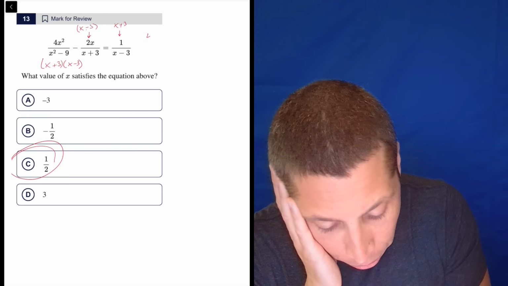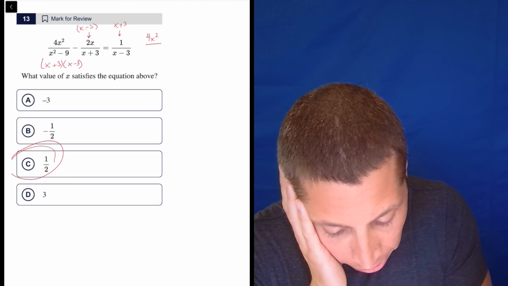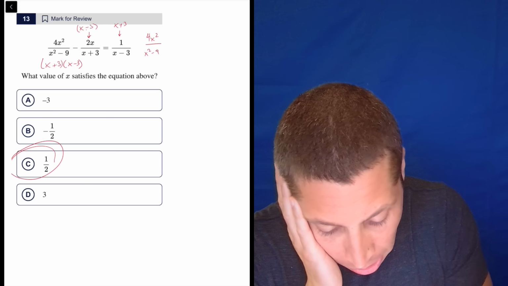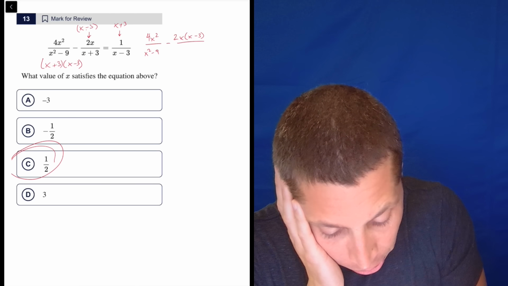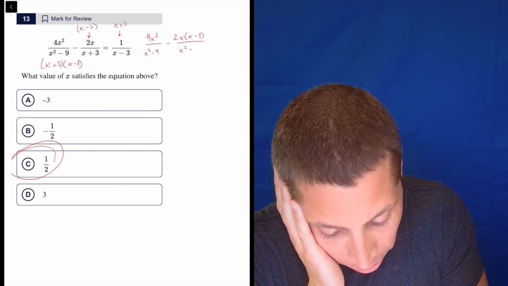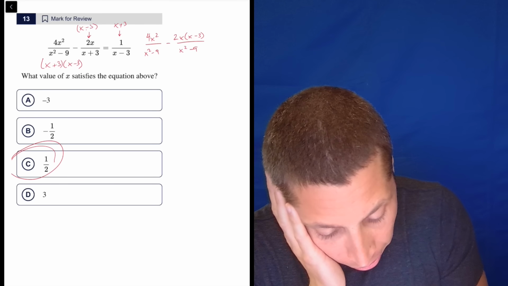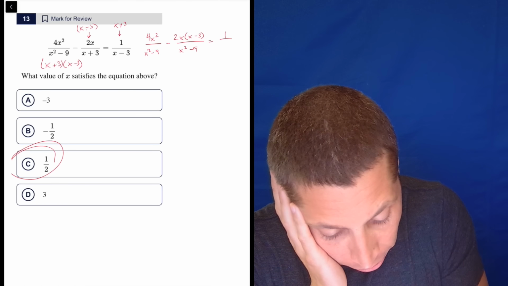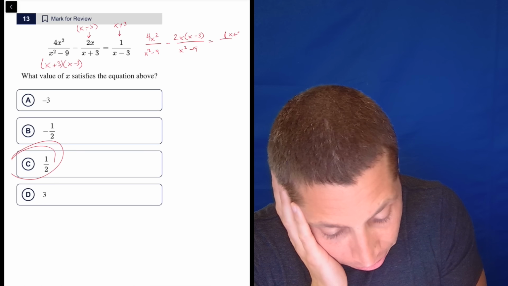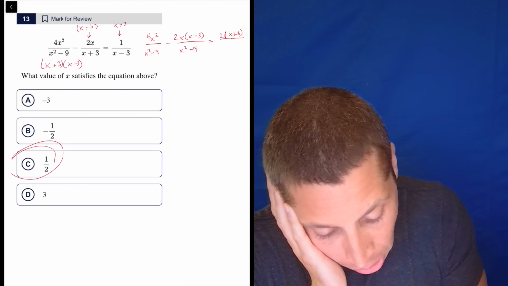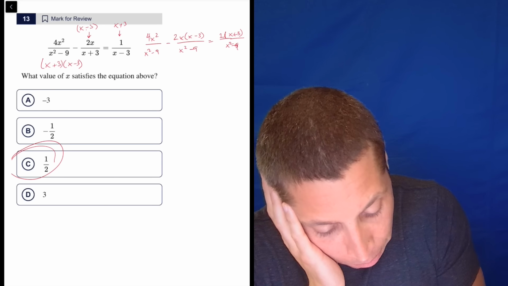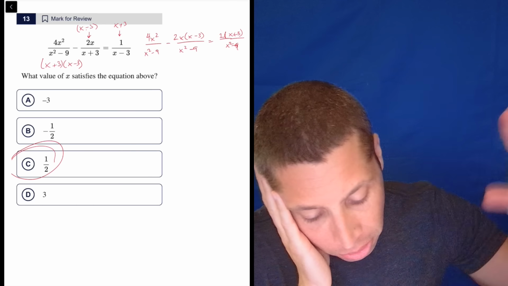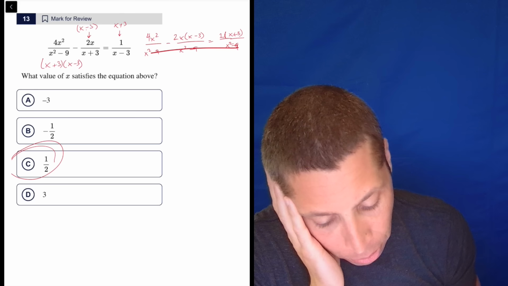So we're going to end up with 4x squared over x squared minus 9 minus 2x times x minus 3 over, and it's going to be x squared minus 9 again, equals 1 over, or x plus 3 times 1 over x minus 3 times x plus 3, so x squared minus 9. So basically, once all those things are the same denominator, they all go away. You don't need to worry about them.